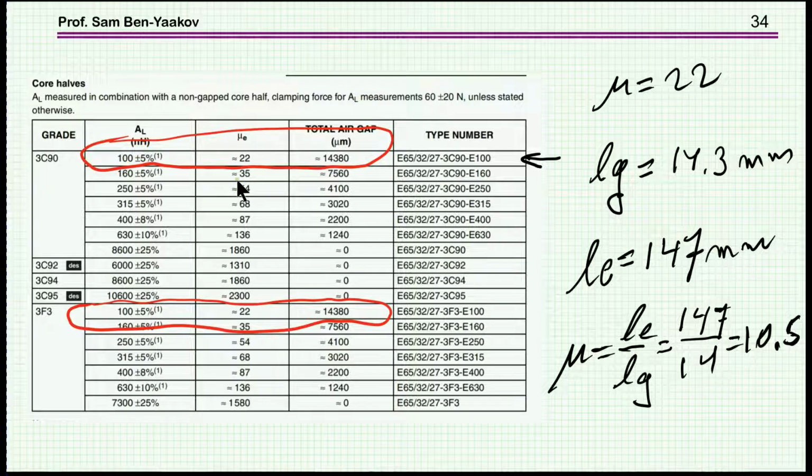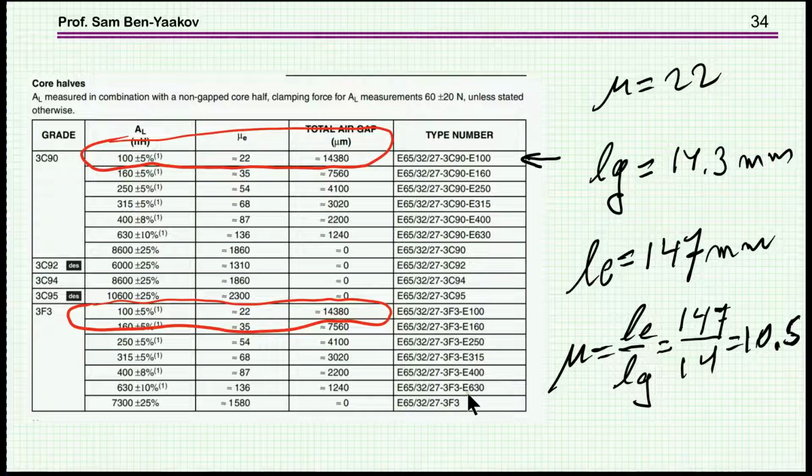We found that mu E required is 22, but here it says that the gap is 14 millimeter, not 7 as we have found. And if here I calculate the relative permeability by l_e over l_g, I find 10 and not 22.